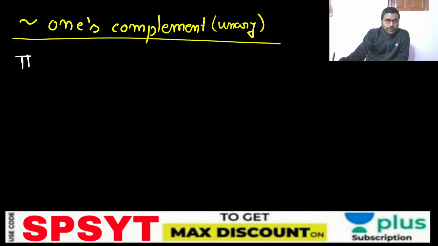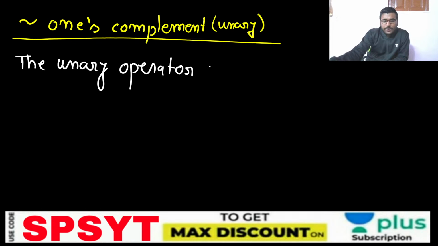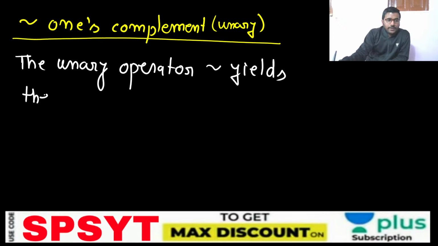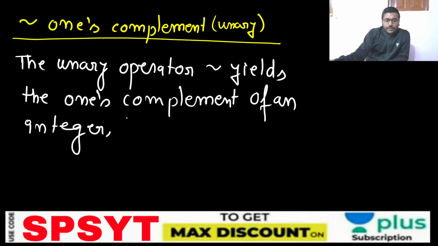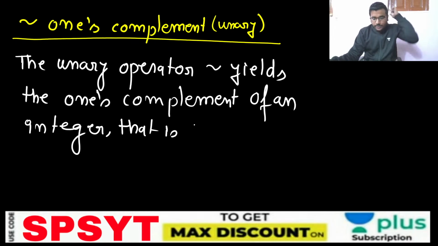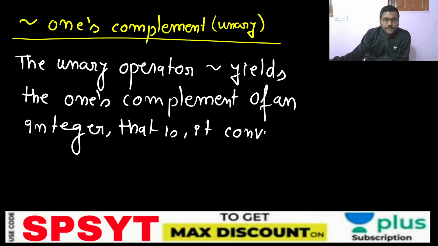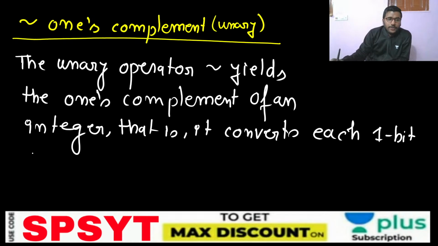So you can write: the unary negation operator yields the ones complement of an integer, that is, it converts each 1 bit into a 0 bit and vice versa.